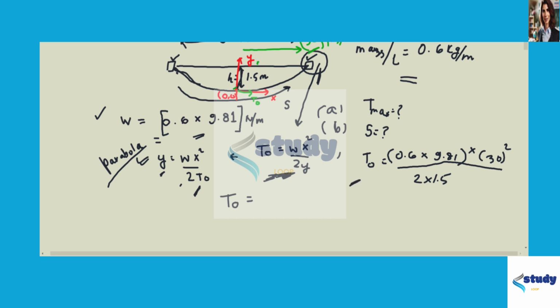Solving this equation, we get T naught equal to 1764 Newton, or we can write it as 1.764 kilonewton.